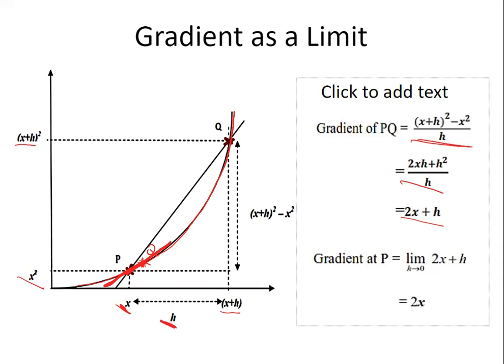They call this idea the limit of the gradient of PQ. So they're saying that the gradient at P is equal to the limit of the gradient of the secant as h tends to 0. And if we look at this expression, if h tends to 0, or we can say it's practically 0, then 2x plus h becomes 2x.